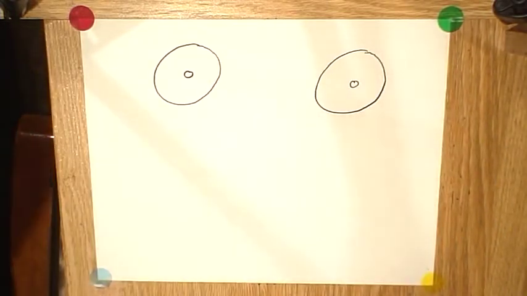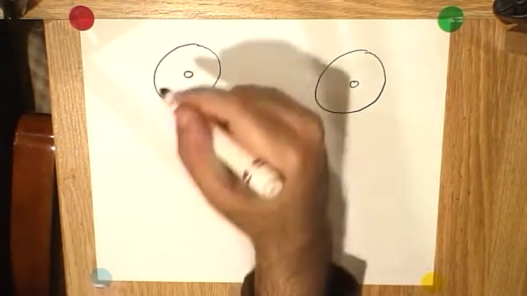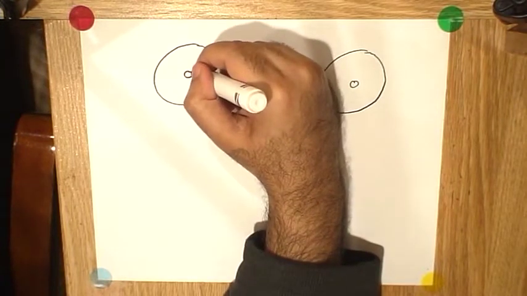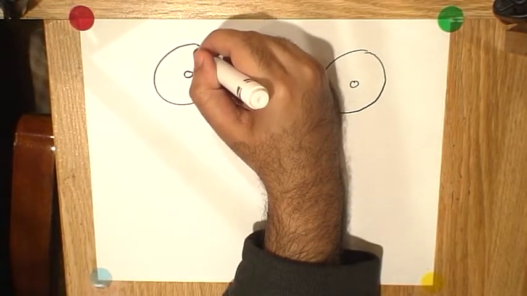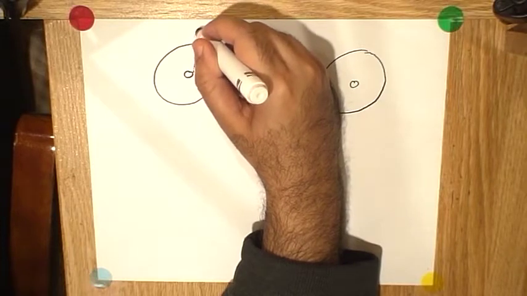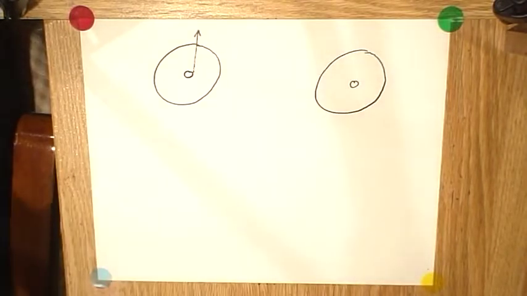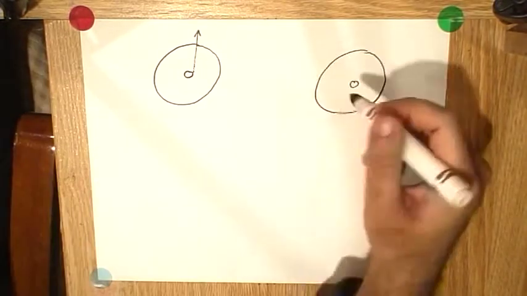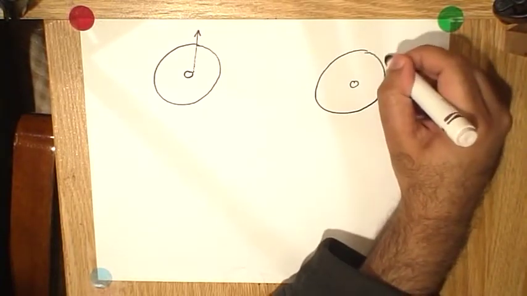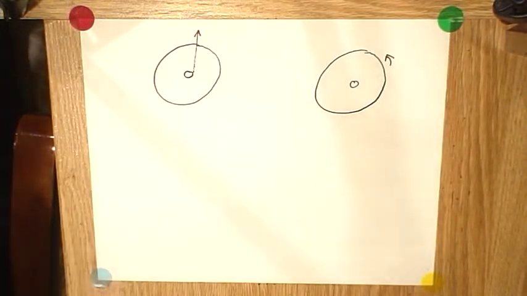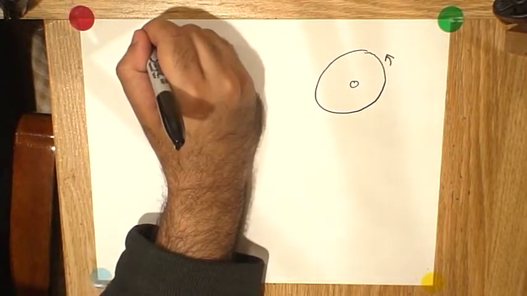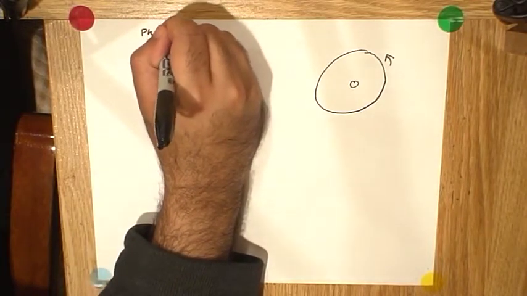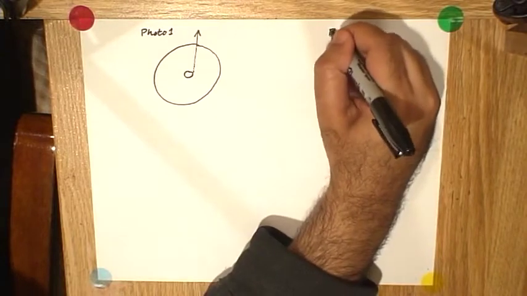Now, initially, the rope is wrapped around the shaft, something like this. But by the end, the rope has gone away and the shaft is rotating by itself freely. So this here is photo 1, and this is photo 2.